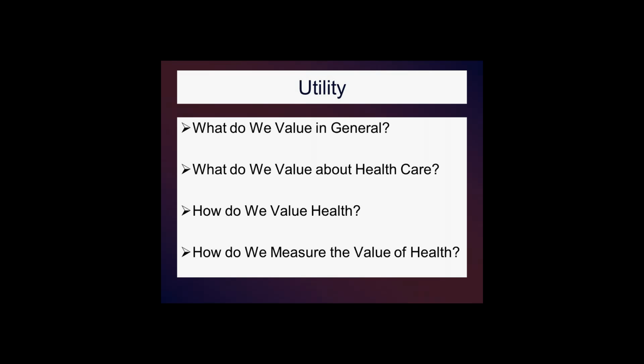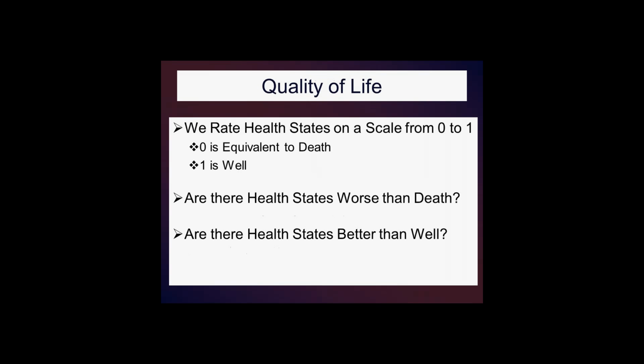The question is, how do we measure the value of health? Here's how we do it in health economics, okay? We imagine a scale from 0 to 1, where 0 is equivalent to being dead, and 1 is equivalent to being well. Okay? And we're going to rank health states on that scale. We're going to give every health state a value.